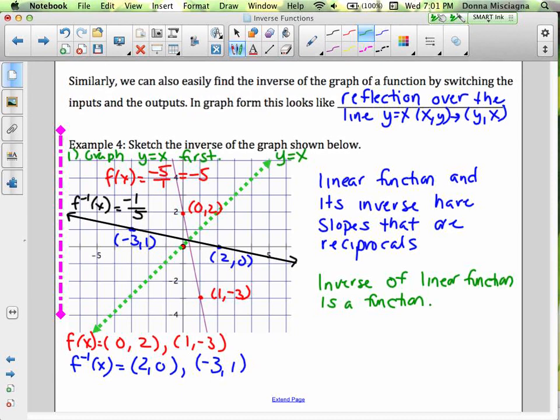And so our original graph there, f of x, passes the horizontal line test.